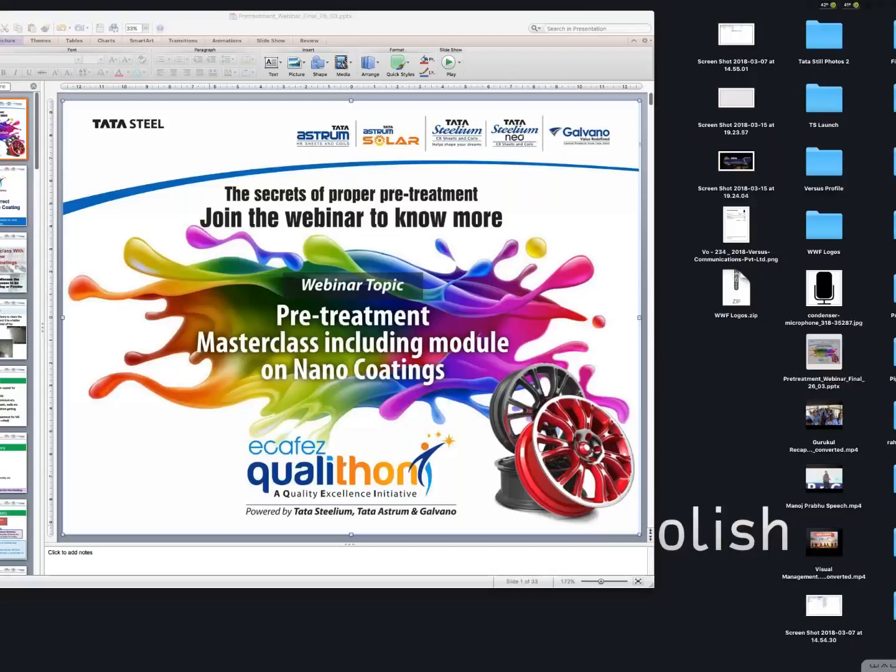Mr. Mahendra Rawat again. Some applicators store the phosphated articles in the pretreatment area. How will it affect the performance? As we already discussed, you should not be storing it for more than 4 hours. You have to finish it within 4 hours.